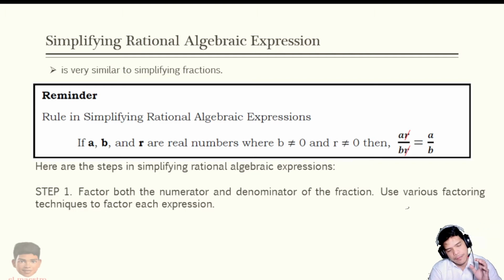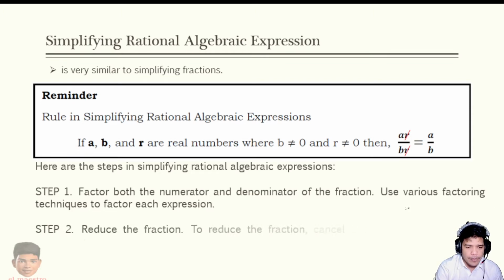So, if you've nakalimutan nyo, okay, I'll put that down on the description link. Lahat ng types or kinds of factoring. Okay? So, pag nakalimutan nyo, just review, tingnan nyo ulit yung videos na yan. Okay? So, dapat magaling na kayo sa factoring class. Ito yung isa sa pinaka dapat ma-master natin if we simplify a rational algebraic expression.